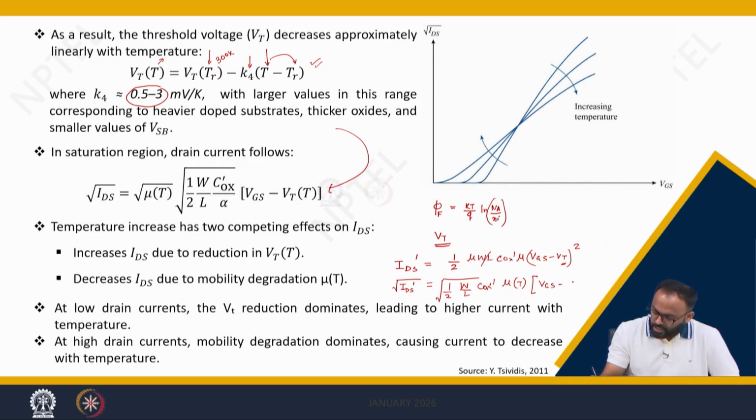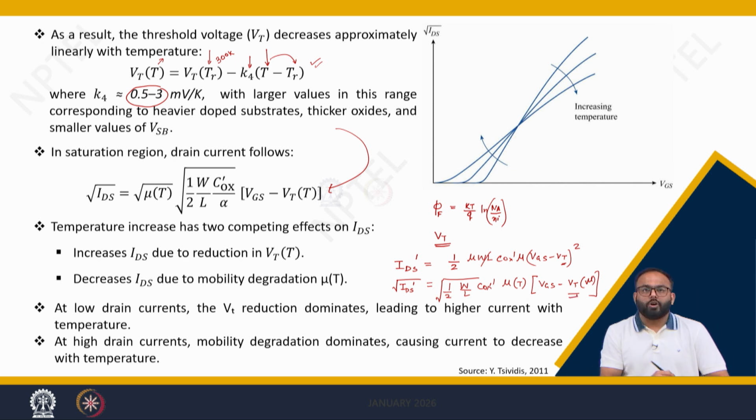Similarly, this threshold voltage is also a function of temperature. So, I have two parameters in my drain current equation which are dependent on temperature. Let us see the impact of these two parameters on the current versus voltage characteristic.